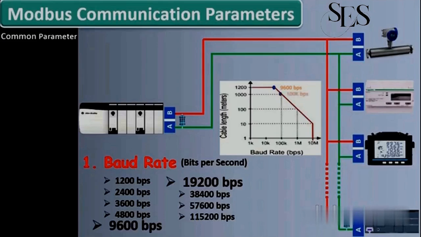At 100k bits per second, cable length can be up to 1000 meters. Similarly, at 10 megabits per second, cable length reduces to only 10 meters. You can increase the cable length by adding a Modbus repeater in your Modbus network.